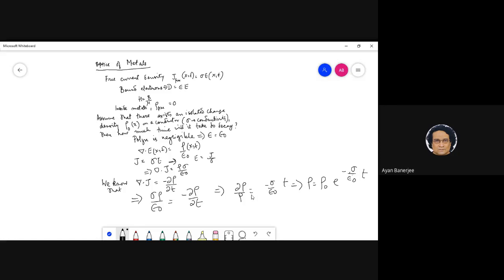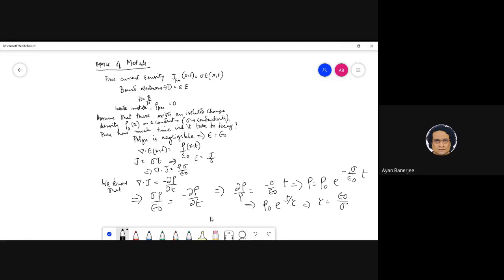So now we have a time scale. If I say that this is going as some kind of rho e to the minus t by tau, then your tau is nothing but epsilon naught by sigma, right?